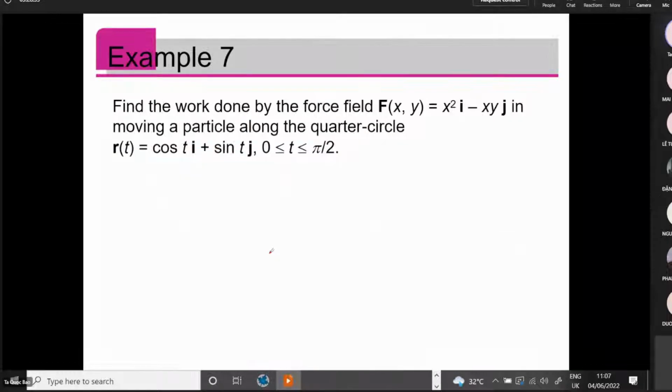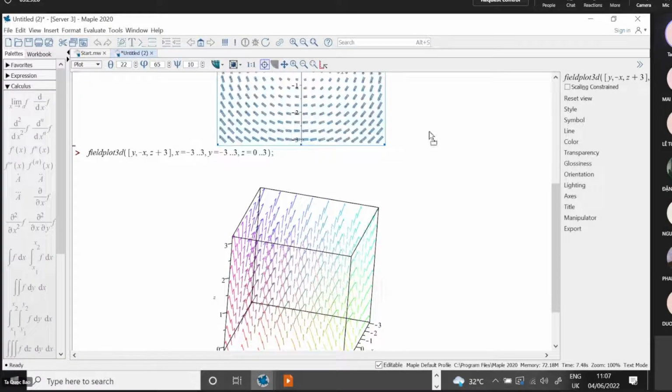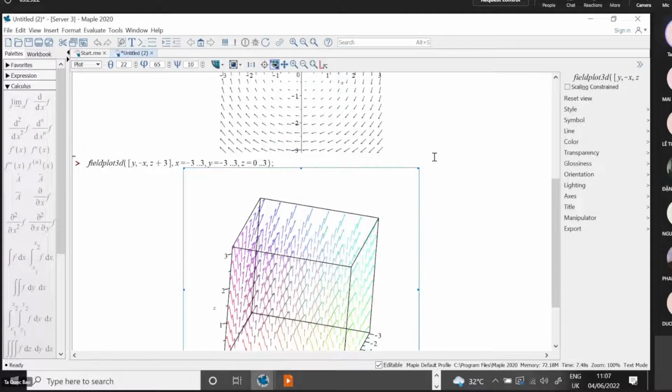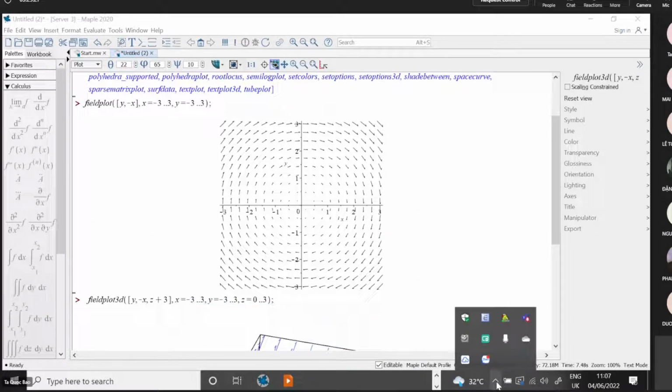All right. So example. Now find the work done by the force field F like this, in moving a particle along a quarter circle. How to draw this?